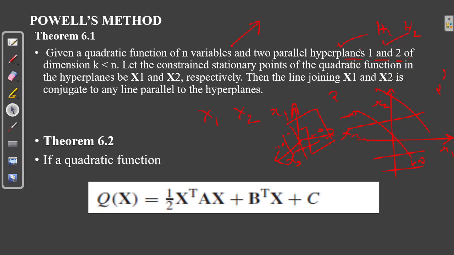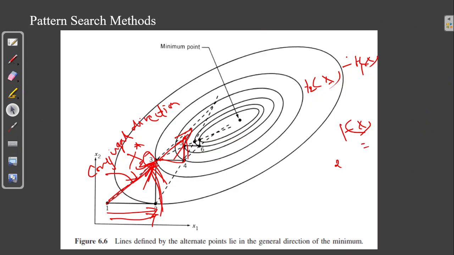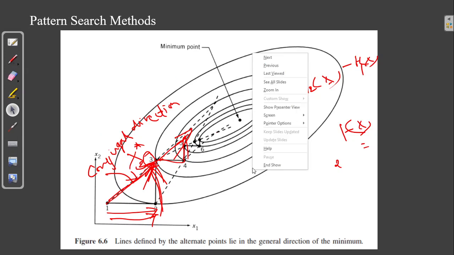And you have to make sure that the optimum solutions x1 and x2 lie on these hyperplanes. Let me explain with this example.